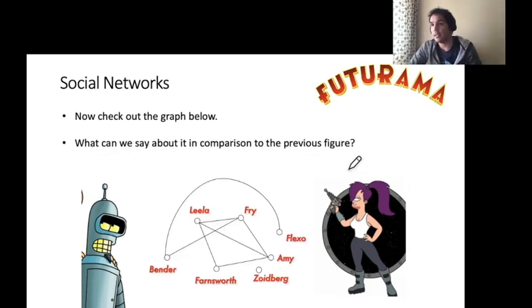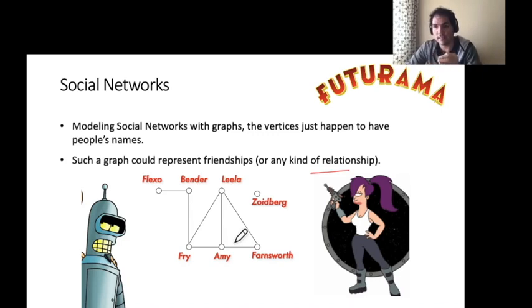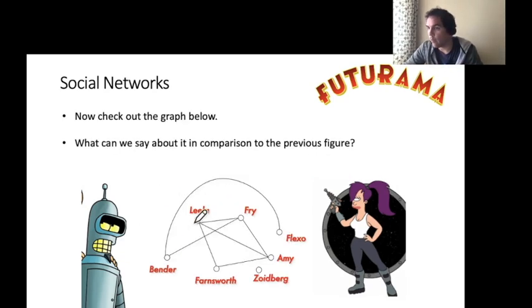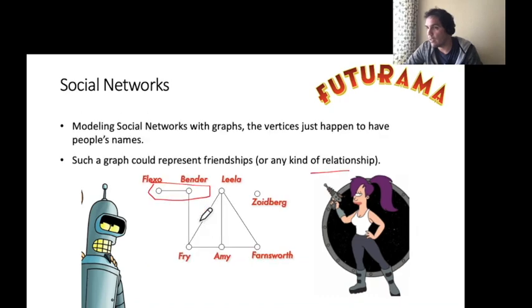Now, something important about the graph is that if we look at this graph initially, it might look like it's different, that it's representing different data, but this is not the case. These two graphs are representing exactly the same data. It's just that the visual representation is going to be different. For example, we know that we have these two connections, and we have these two connections in here.